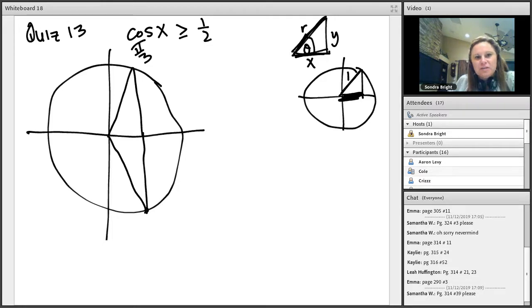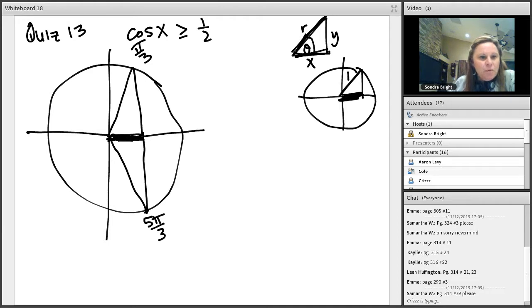Your cosine is 1/2. Cosine is that side of your triangle right there, and that value is at 5 pi over 3. Now in the notes we had absolute values over that sign, and so we also considered the second and third quadrant, because once you take the absolute value of it, then we considered that. But this is all positive, and so you're only worried about these two. Only in quadrant 1 and 4 is your cosine positive.